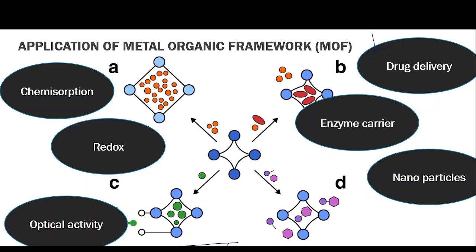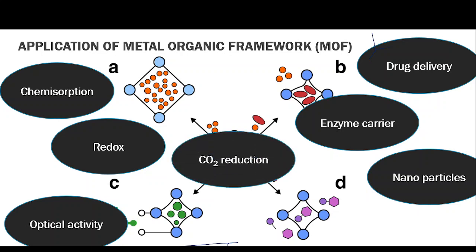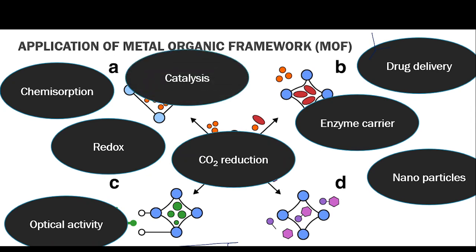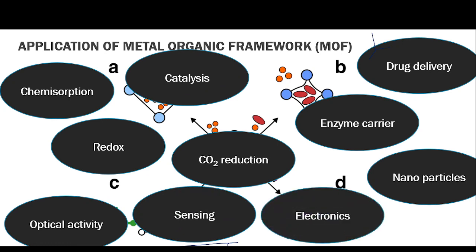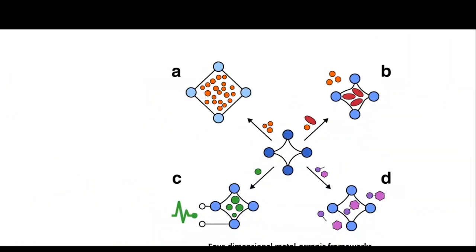So these are used in gas separation or catalytic separation, as well as in hyperthermia, where if the MOF is active against cancer, they just make it a magnetic MOF, then it can be called a hyperthermia active drug. And carbon dioxide reduction, and this comes under catalysis. And then it is used as a sensor, and it is also used in electronics applications, which is technically the extension of the sensors and MOFs.